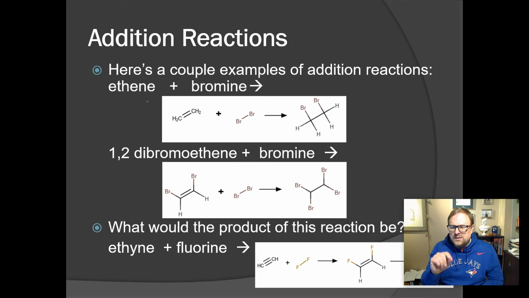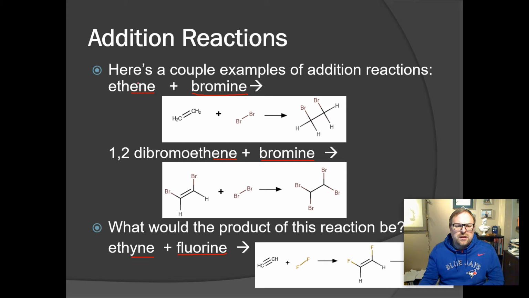Now, before I get into explaining the reactions, I did want to just take a second to get you guys to understand how to recognize that you're dealing with an addition reaction. Just to remind you, in each of these, if I just gave you the reactants, ethene and bromine, what would draw me to this being an addition reaction is that we have an ene here. There's also an ene there, right? And this is an ine. Any unsaturated hydrocarbon reacting with, again, a small diatomic molecule, okay, then we end up with an addition reaction, okay?